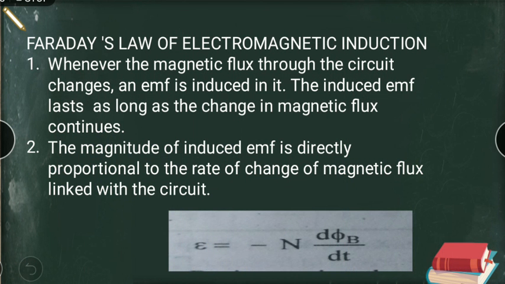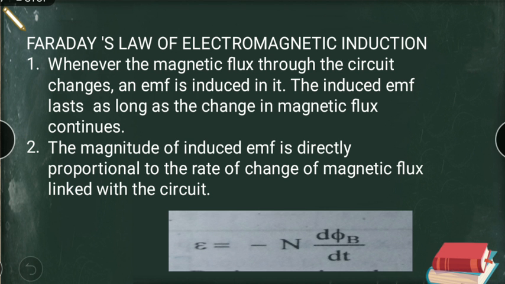By the experiments of Faraday and Henry, the final conclusion of all the experiments gives Faraday's law. The statement is this way: whenever the magnetic flux through the circuit changes, an EMF is induced in it.